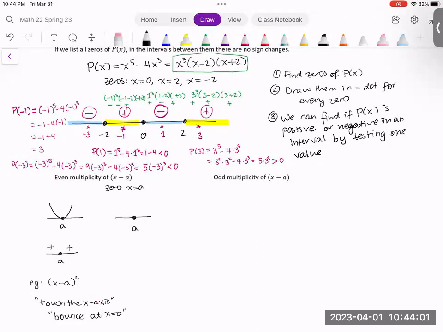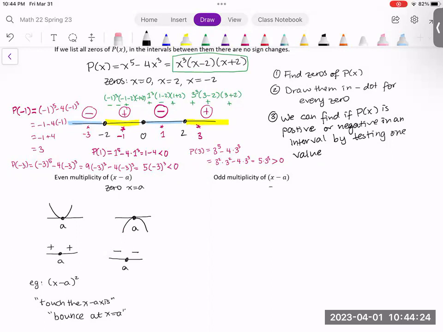So either we could be positive on both sides, or we could be negative on both sides, in which case our sign chart will be negative, negative. So anytime you see an even multiplicity, there won't be any sign change across it.